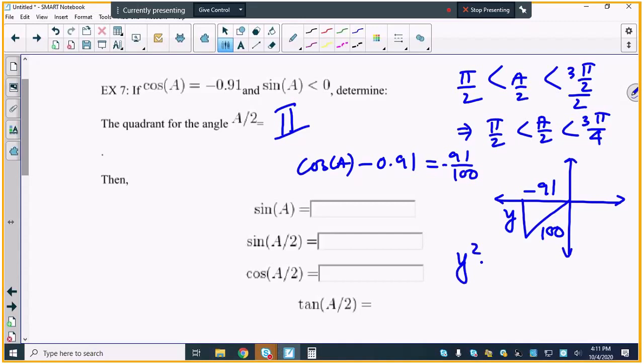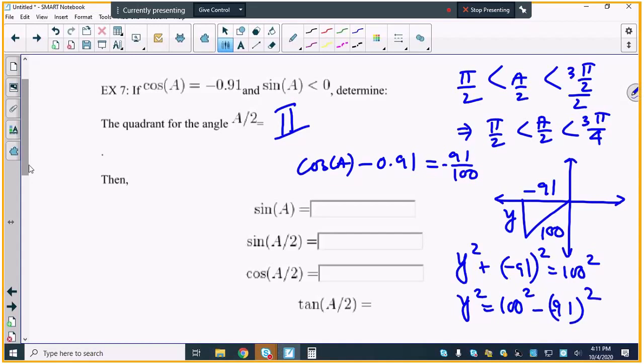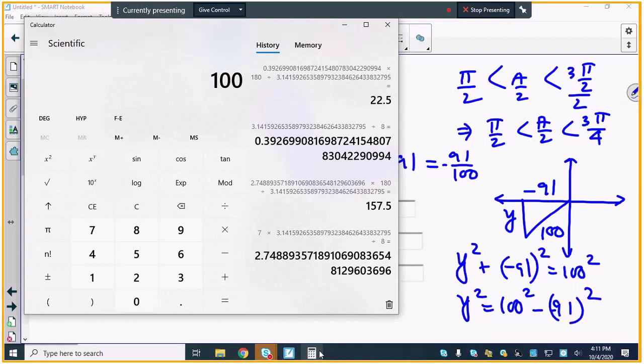So y squared plus negative 91 squared equals 100 squared. So y squared is 100 squared minus negative 91 squared, even though that's going to be positive. I will check that. So 100 squared, first do that, and then subtract 91 squared.